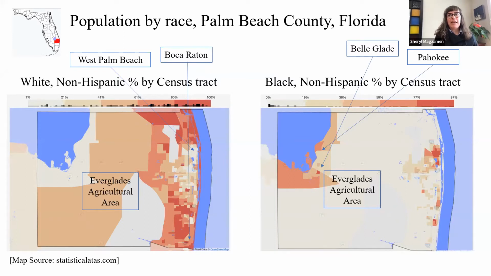But Palm Beach County has an incredible amount of agricultural space that's highlighted by that Everglades agricultural area in the center of the county, south and due east of Lake Okeechobee. And there's actually several communities that have incredibly high populations of Black non-Hispanic residents. And those are actually communities that are also heavily impacted by sugarcane burning in that area.